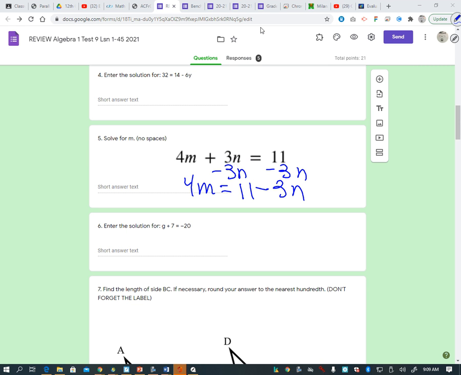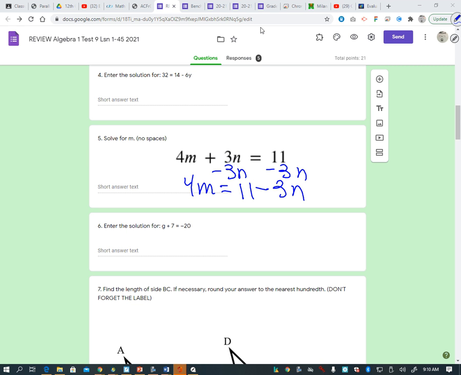I'm solving for what? What am I solving for again? M. What is the last thing I need to get rid of? I'm trying to isolate m. What's the last thing I need to get rid of? How do I get rid of it? Divide? Is that what you said? Or did you say 5?